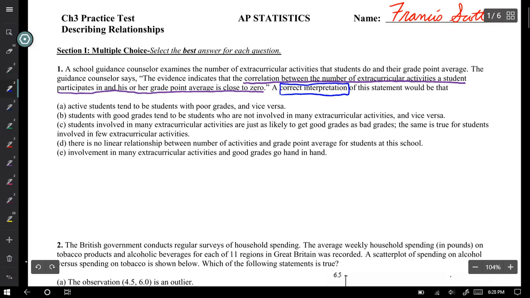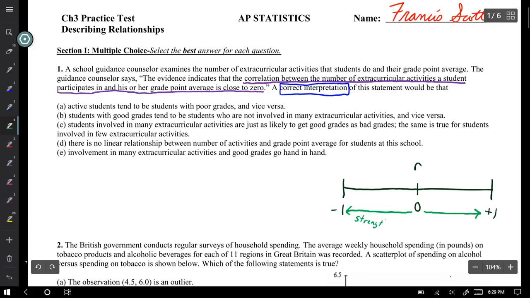So before I start that, let's review our R values. We know R has a minimum of -1 and a maximum of +1. In the middle, we have an R value of 0. As R moves further away from 0, either towards +1 or further away from 0 towards -1, we say that the relationship strengthens.